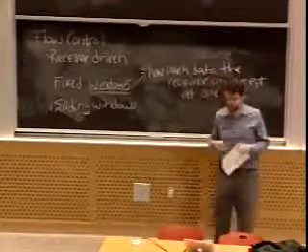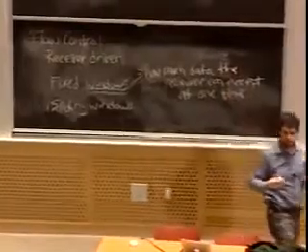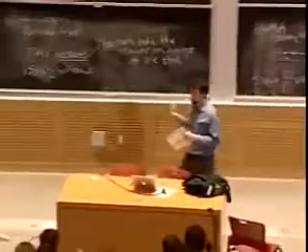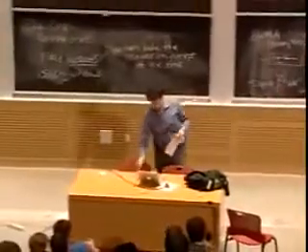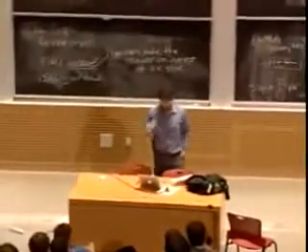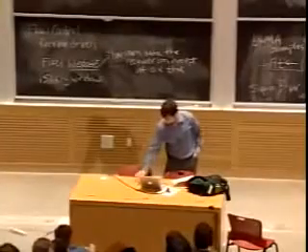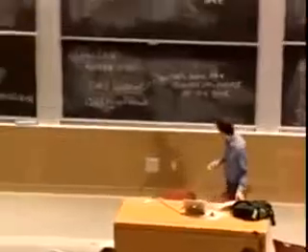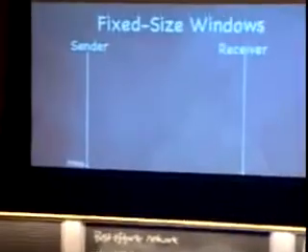So the idea is we're going to send a window's worth of data continuously, and then once the receiver says that it's done processing that window, we're going to be able to go ahead and send the next window to it. So this first scheme that we're going to look at is called the fixed window scheme.